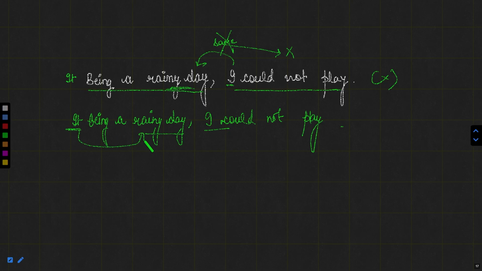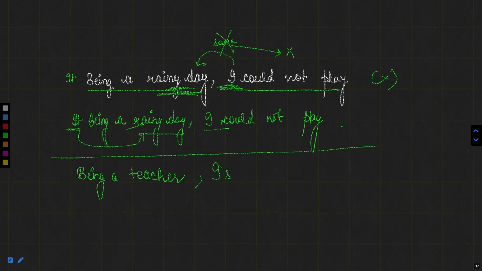Now whenever we begin a sentence with the word being, we need to check whether the subject which has been said about that is equal to the subject which is mentioned in the second clause of the sentence.